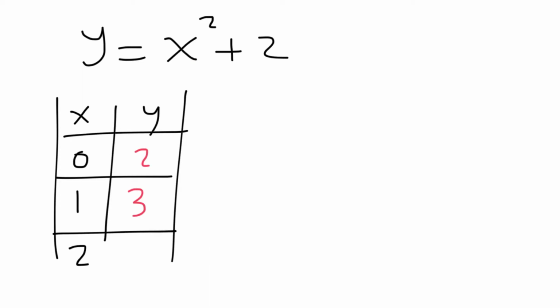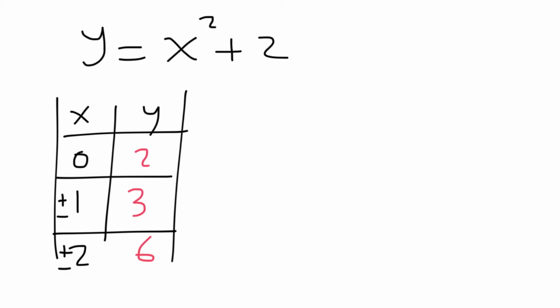Put x equal to 2: 2 squared will be 4, so 4 plus 2 will be 6. In fact, let us make some values of x negative. If x equals minus 1, when you square it, it becomes 1, and 1 plus 2 also gives you 3. So that means this works for plus and minus.